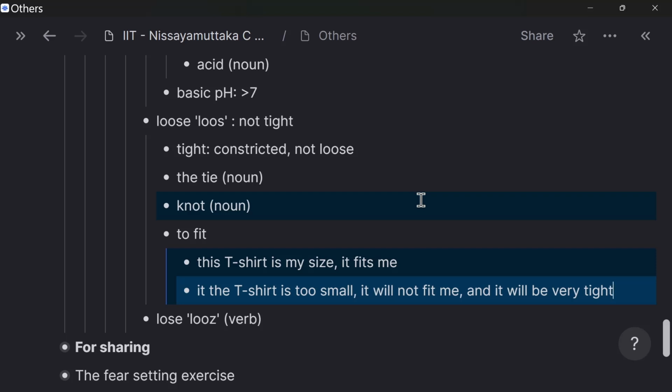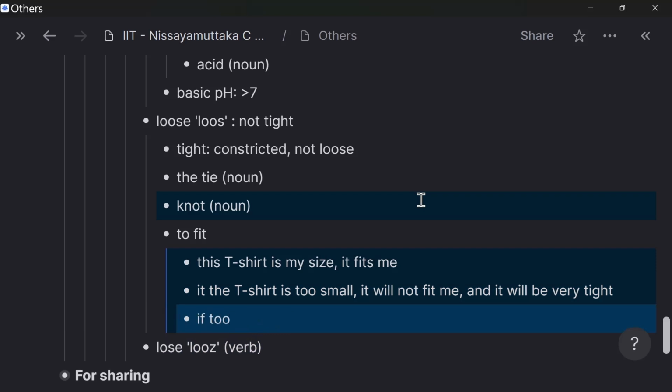If the t-shirt is too large or too big, it will not fit me, and it will be too loose, very loose.